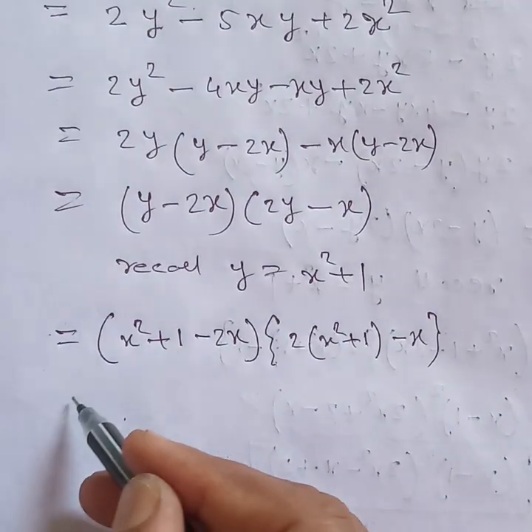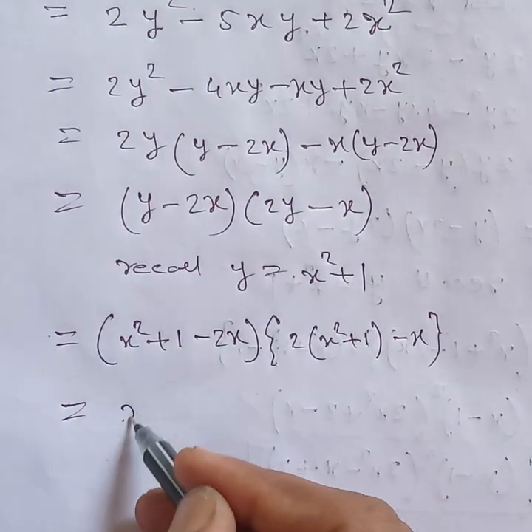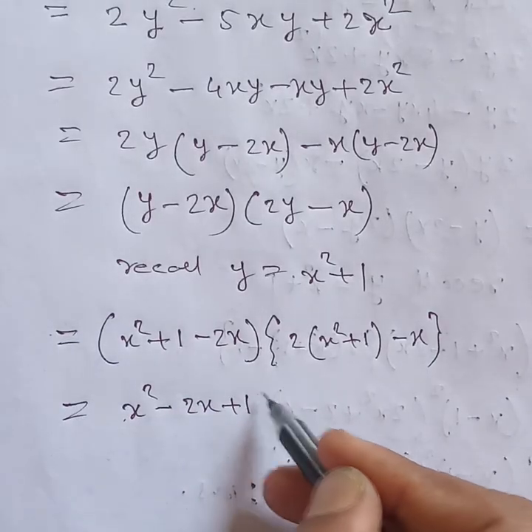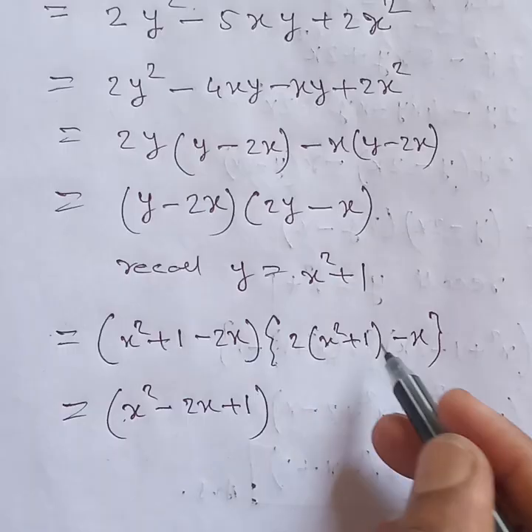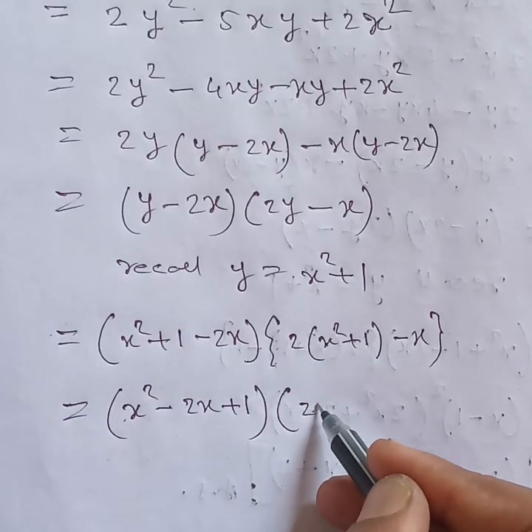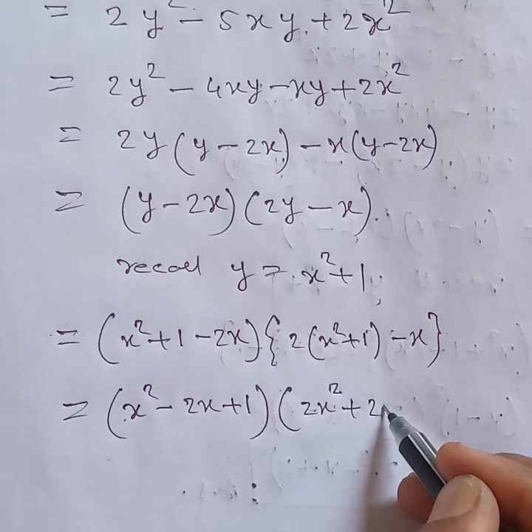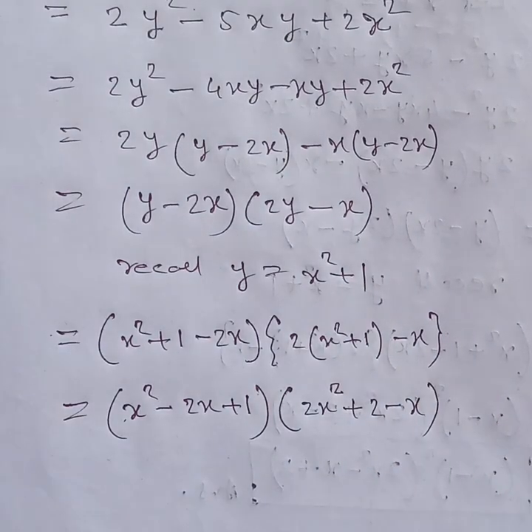Next step, x square minus 2x plus 1, and this will be 2x square plus 2 minus x.